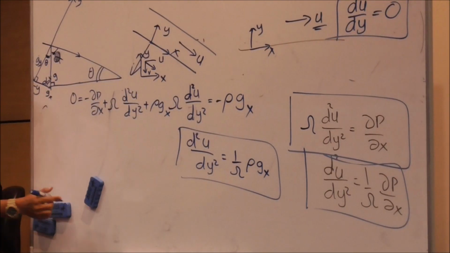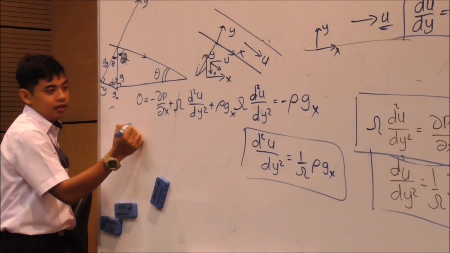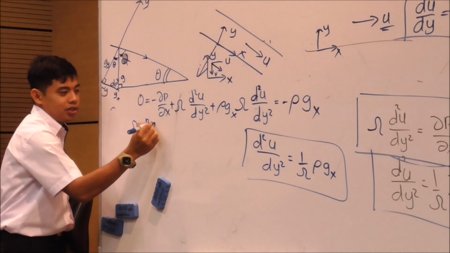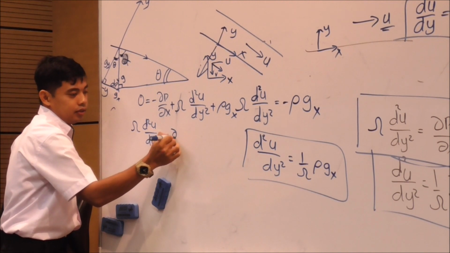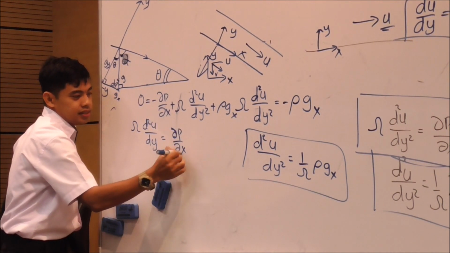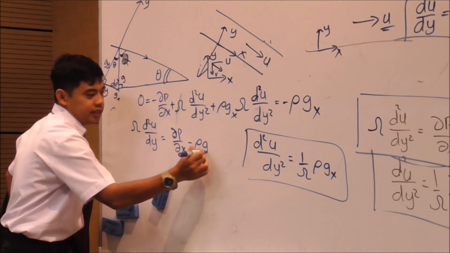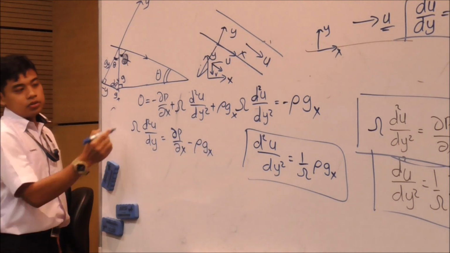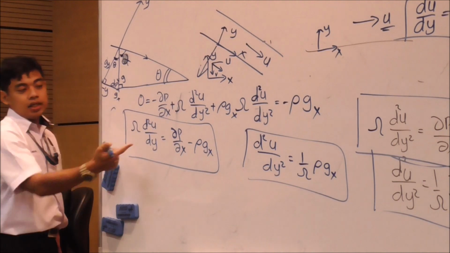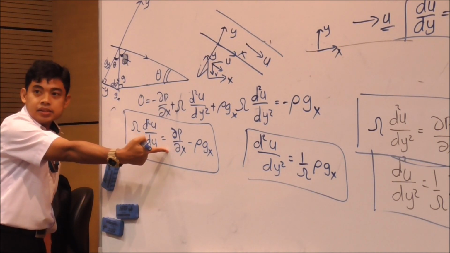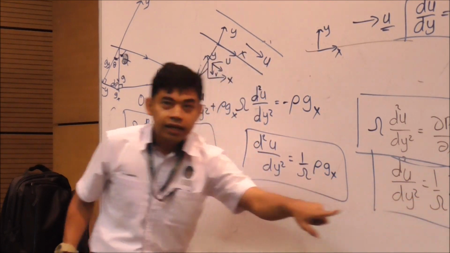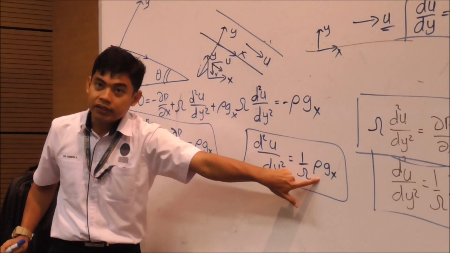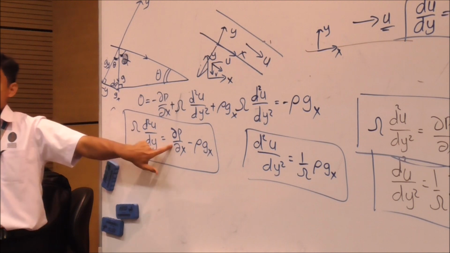So you will end up having mu d square u over dy square equal to dp dx minus rho gx. You can see the only difference is you have another dp dx. This one when you have only dp dx, this one when you have only gravity, this one when you have both.